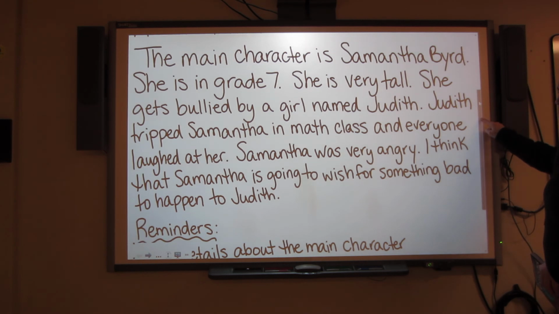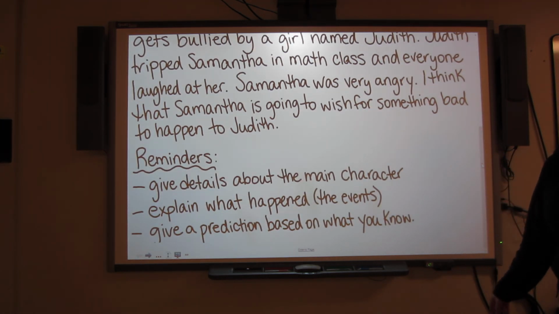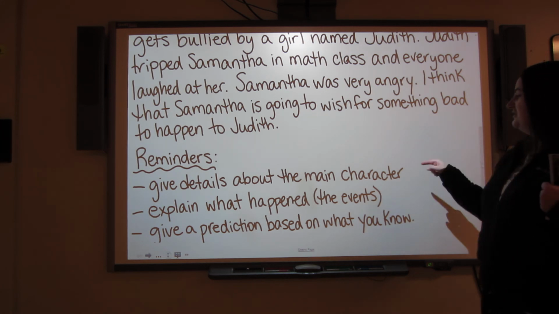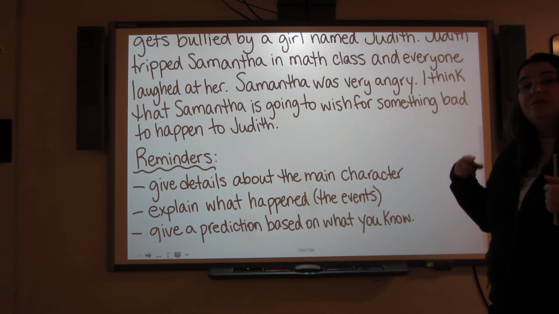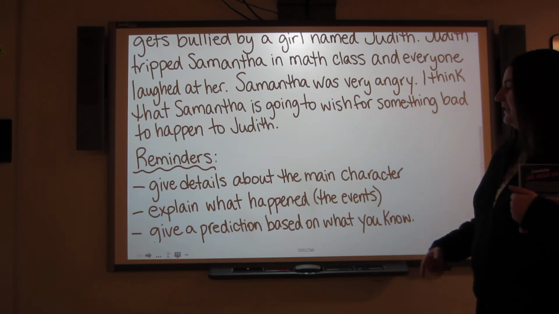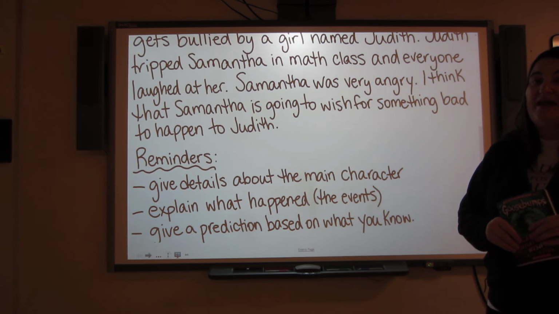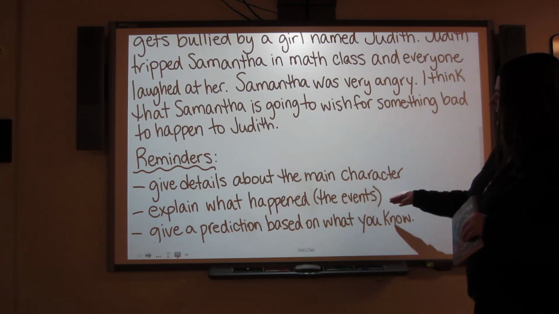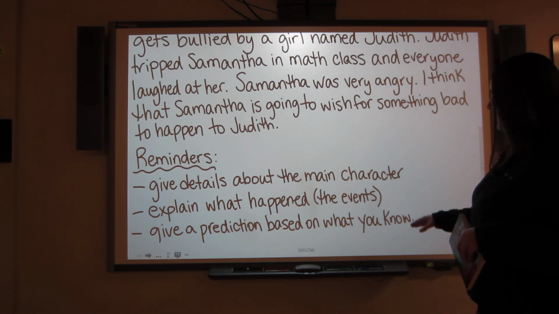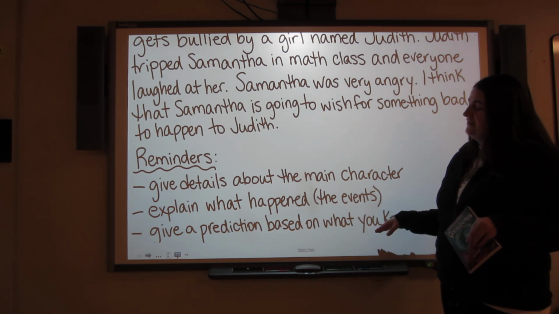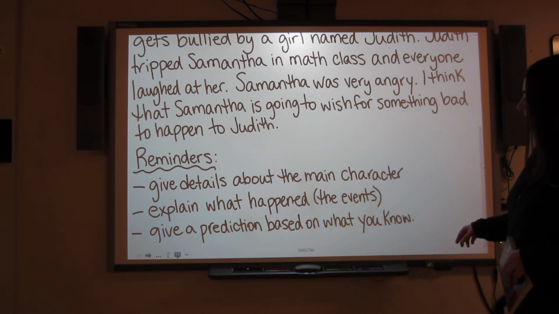So this is what your personal reading journal is going to be like, and these are some reminders about how to do it. I want you to give details about the main character as you learn more about them. I want you to explain what happened in the part that you read that day. What events happened in the story. And then I want you to give a prediction, but like I said, based on what you know.